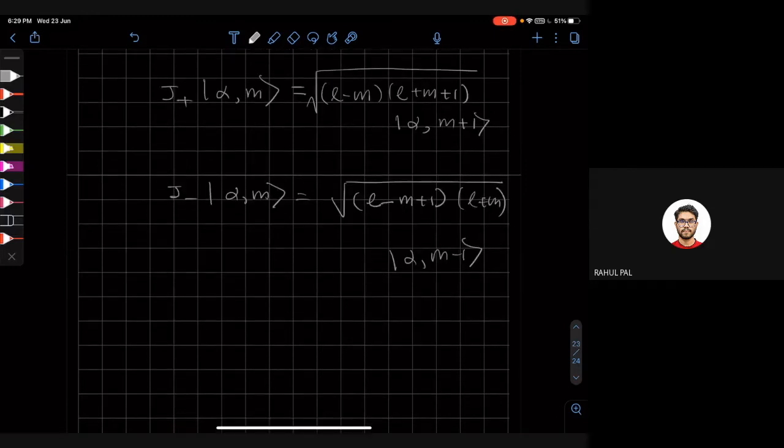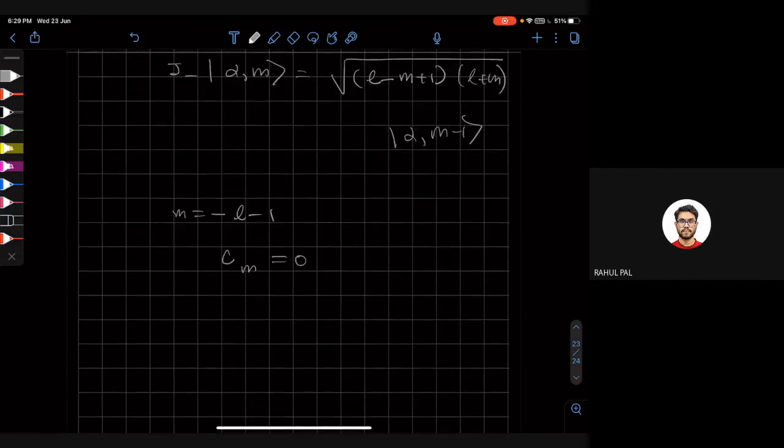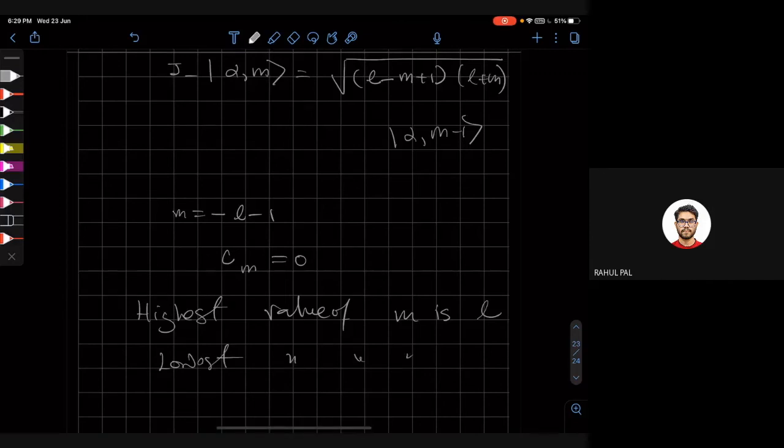So we see that when M is equal to minus L minus 1, Cm is 0. So that means that the highest value of M is plus L, its lowest value of M is minus L. So what does it look like?